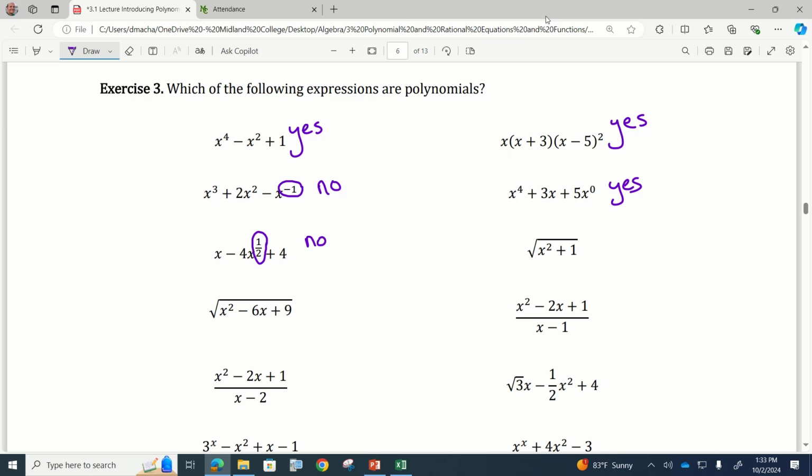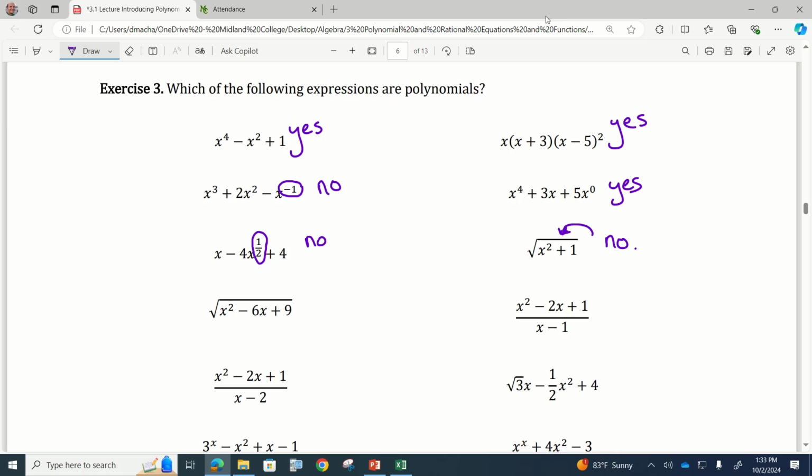What about this one over here? No. I can't get this big square root in the way. It's going to mess everything up. What about this one? I see people saying yes.